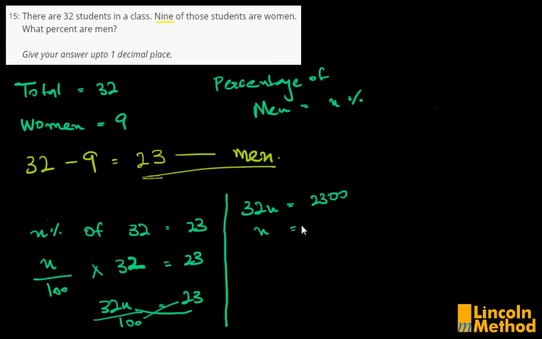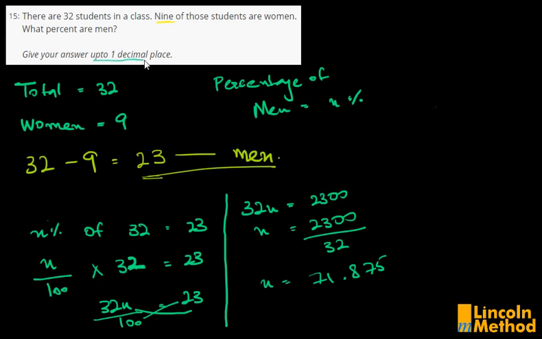So x equals 2300 over 32, and that is equal to 71.875.